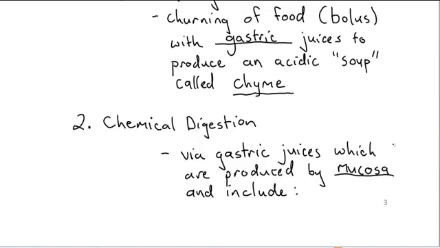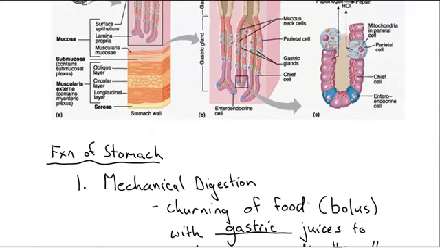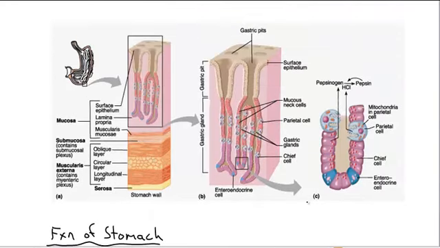And if we go up to this picture here, just give you a minute to catch up on your writing. What we're really looking at is that lining of the stomach. Okay, so all of this is the lining of the stomach, the 4 layers.